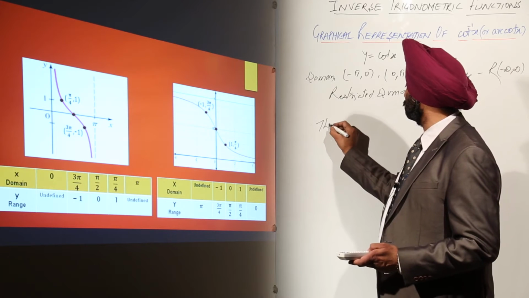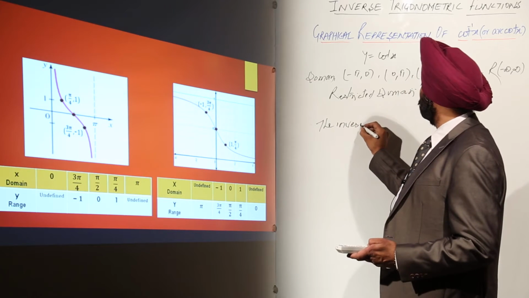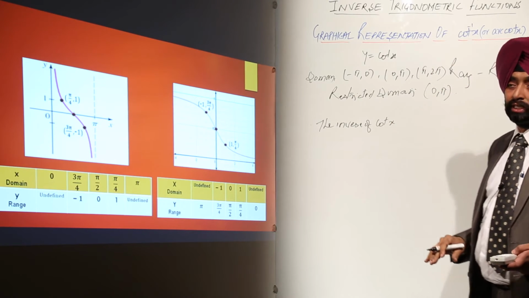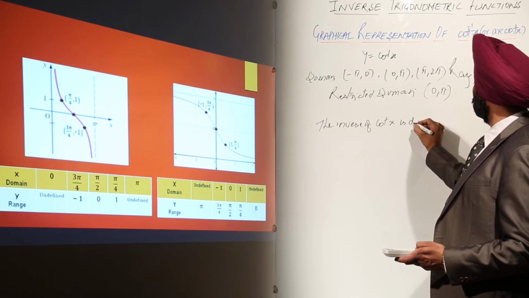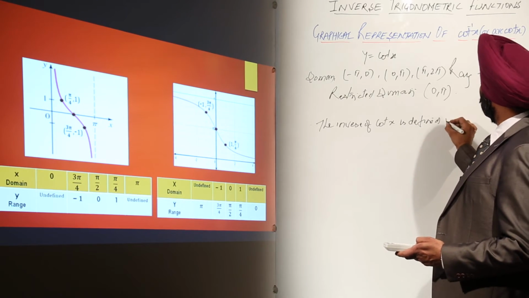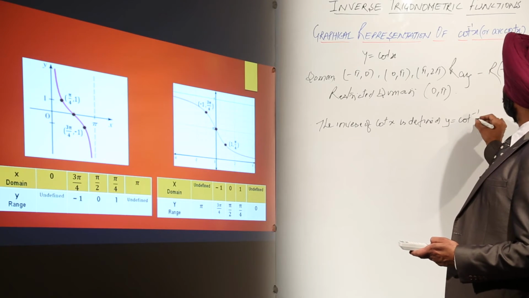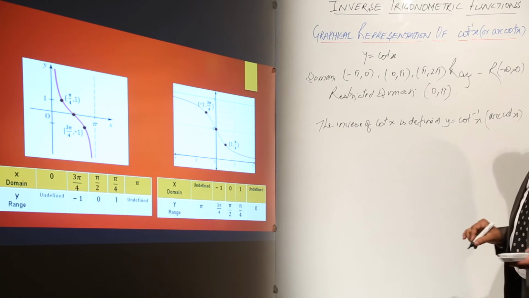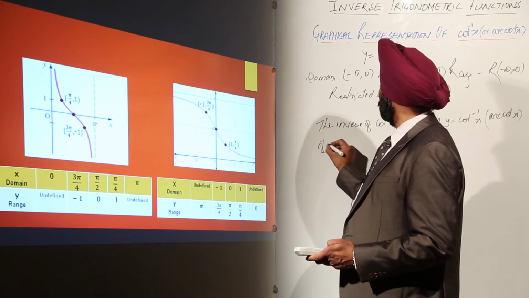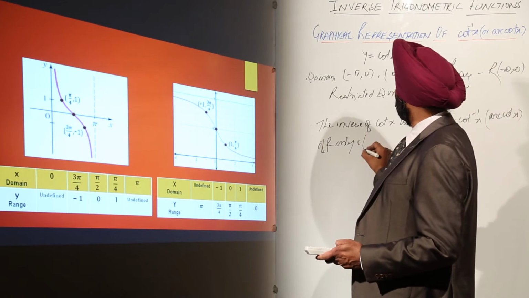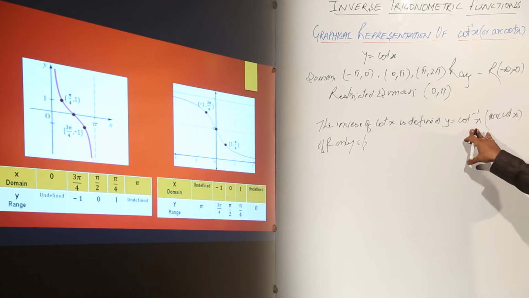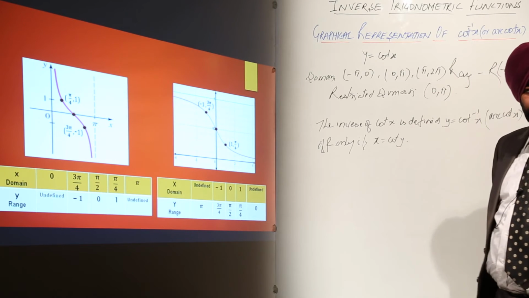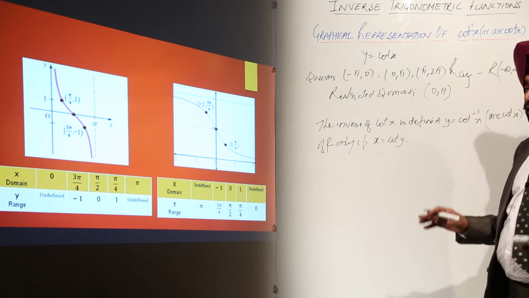The inverse of the cot function, cot x or cotangent x, is defined by y is equal to cot inverse x, or we can write it arc cot x, if and only if x is equal to cot y.